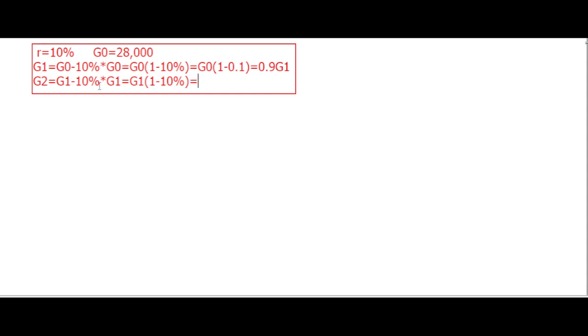Instead of G1, let's substitute G naught times (1 minus 10%), times this one, (1 minus 10%).